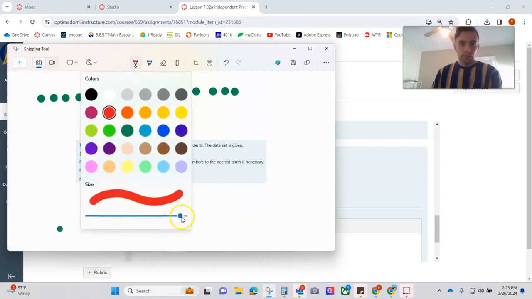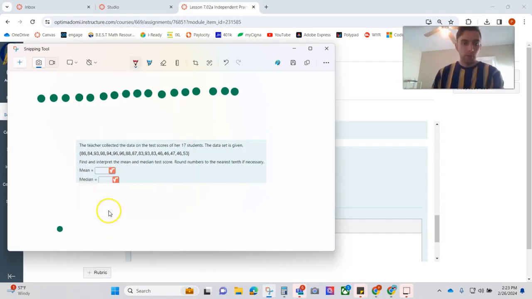Let's find what number would be in the middle. So I'm going to use my dot strategy and cross off one number at a time. One number on each side, two numbers on each side, three on each side, four on each side.